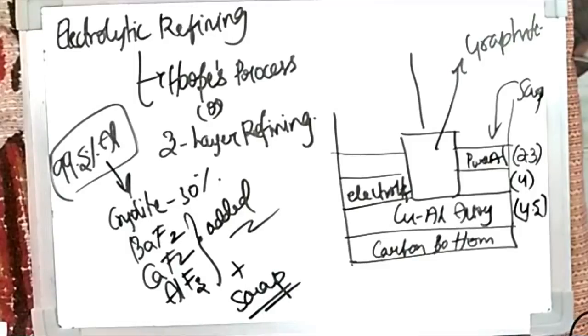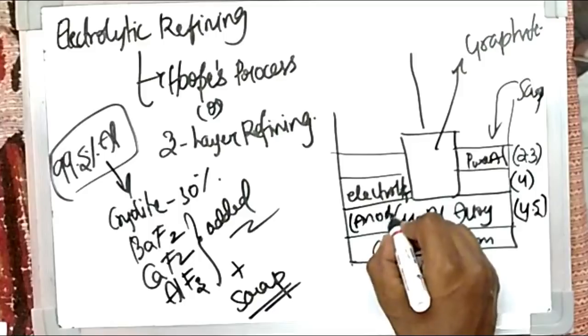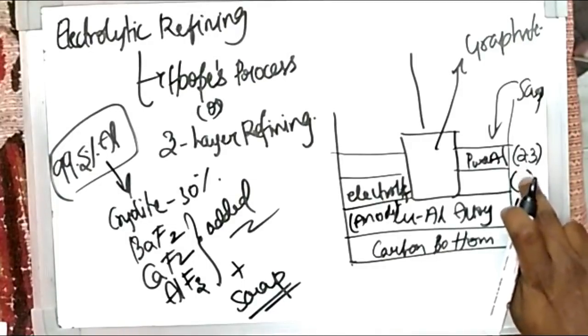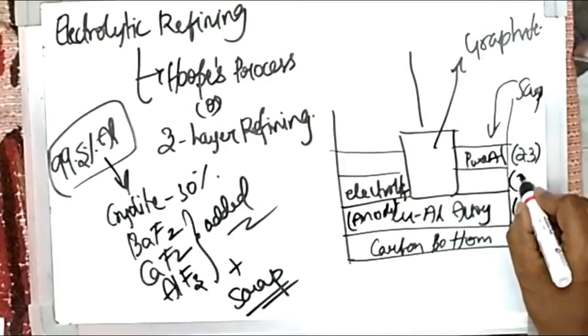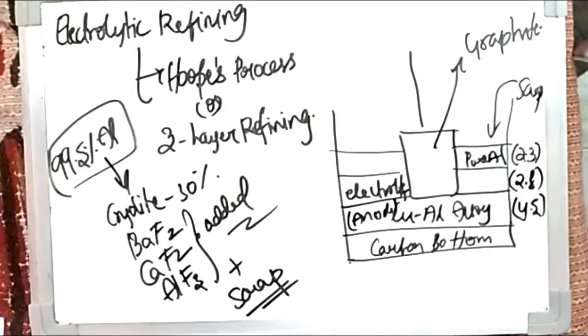That is why the alloy is at the bottom, and this aluminum copper alloy acts as the anode. From the top, pure aluminum is taken. Okay, the density of the electrolyte is about 3, not 4.